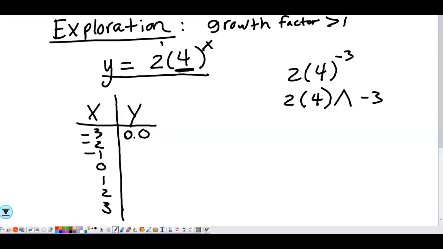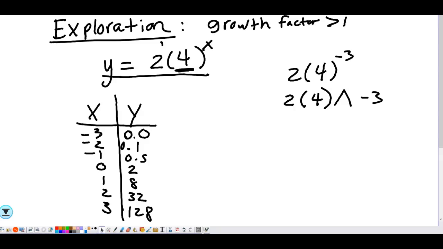So what is that number then basically? It's just basically 0. It's so small, it's basically 0. Now it's not really 0, but it's basically 0. All right, go ahead and do the same thing for the next few points here, -2, -1, 0, 1, 2, and 3, and see what you get. I'll give you a few minutes, and then I'm calling you to share out your answers, okay? Plug them in, get the answers.